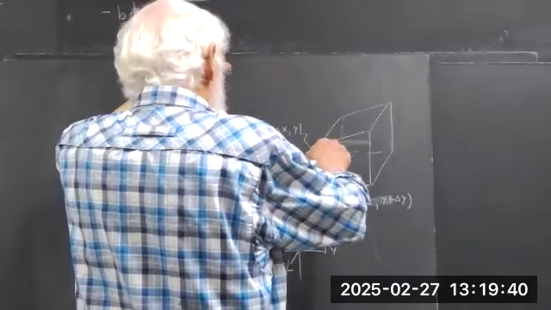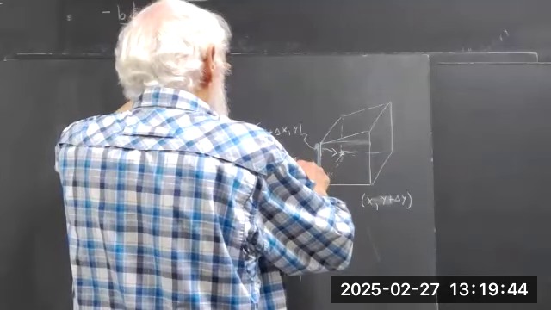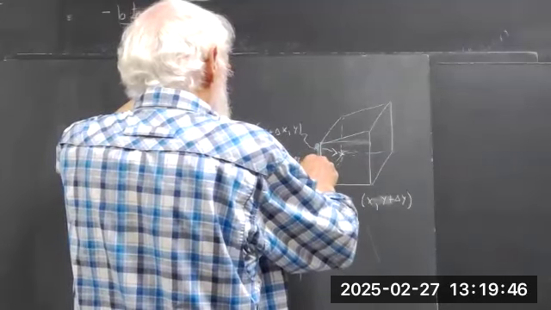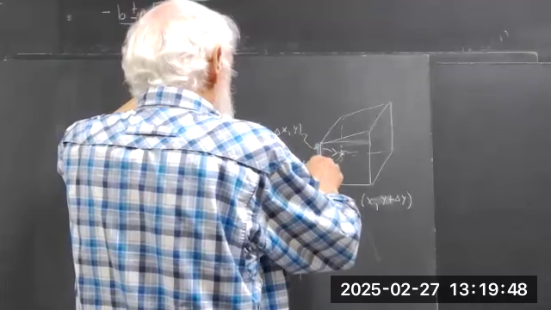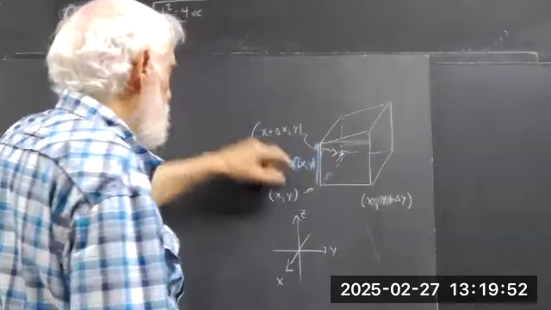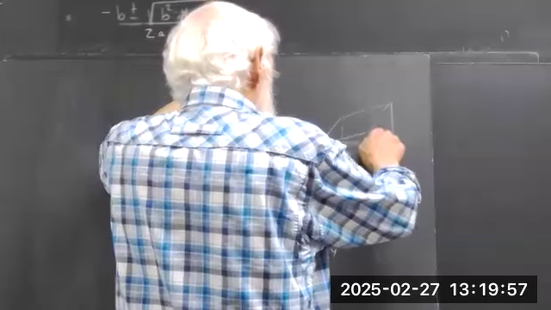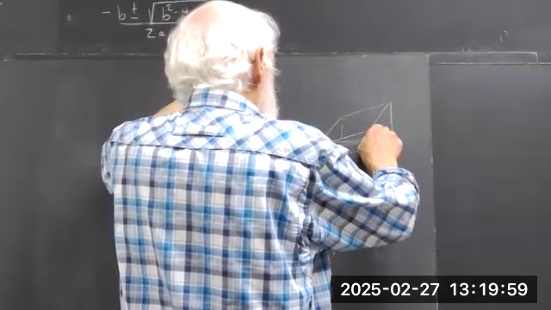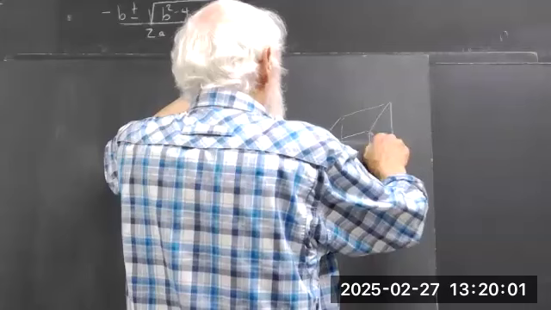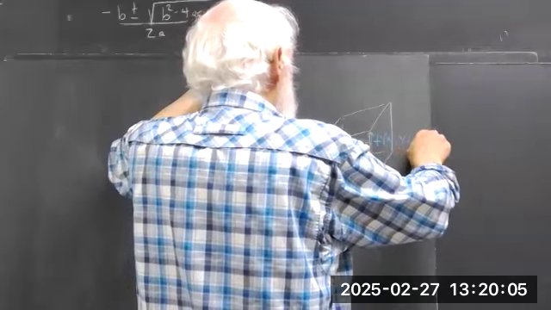Okay, so this arrow here represents f of x, y. This arrow represents f of x, y plus delta y.